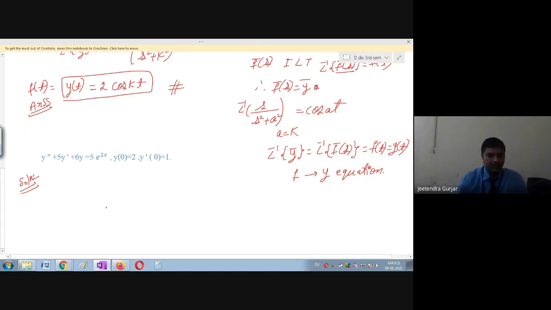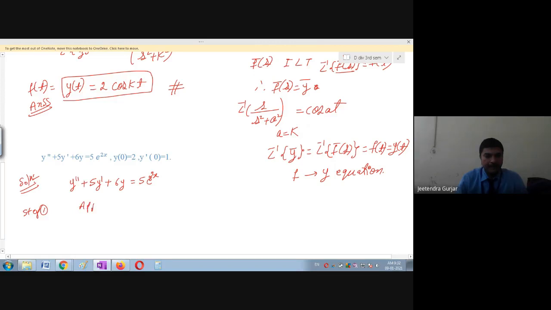Okay, so let us see now. First, write down the question properly. So y double dash plus 5y dash plus 6y is equal to 5 e raised to 2x. Is it clear? Okay. Now, step 1, what we have?